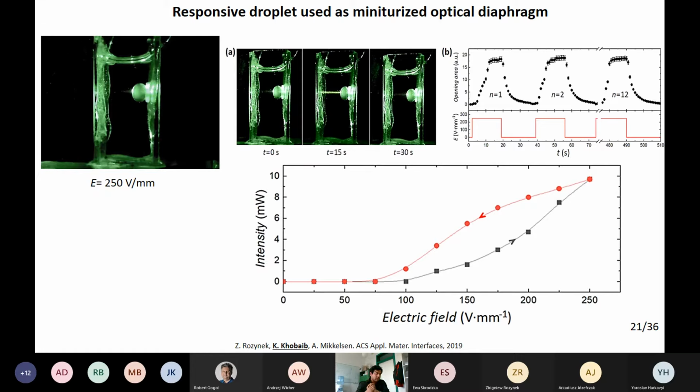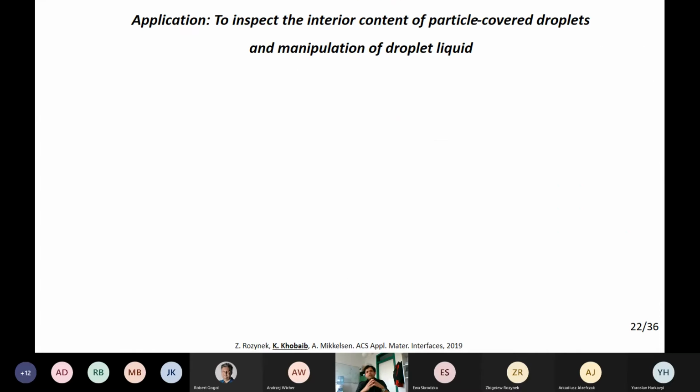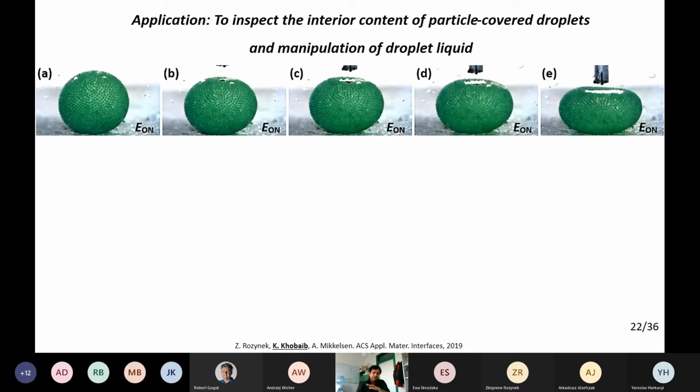Now there is another application, which is based on inspecting the interior content of a particle-covered droplet and manipulating the droplet liquid. How can we inspect the interior content of the particle-covered droplet? Here we use a circular electrode. We apply a constant electric potential, and we bring it near the droplet.